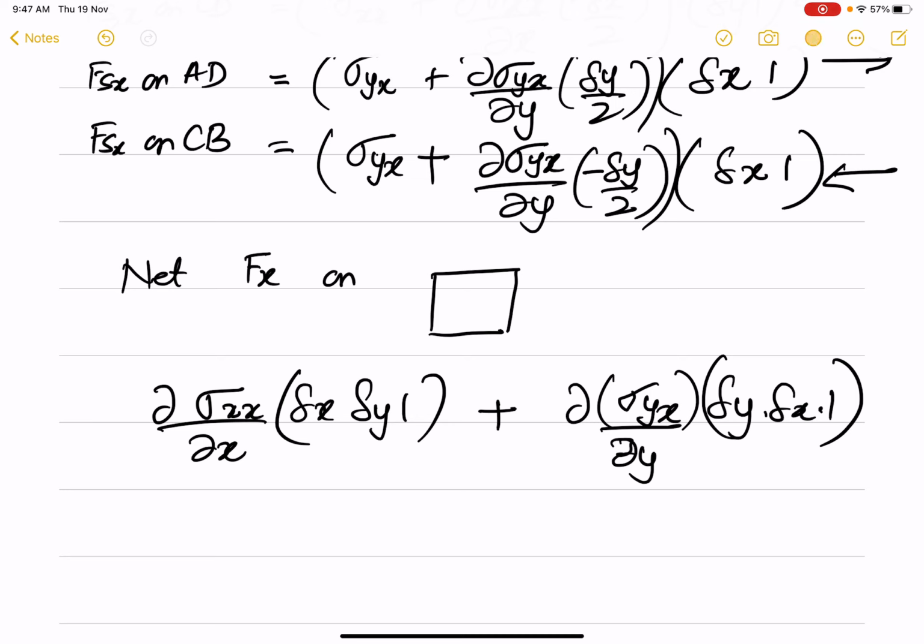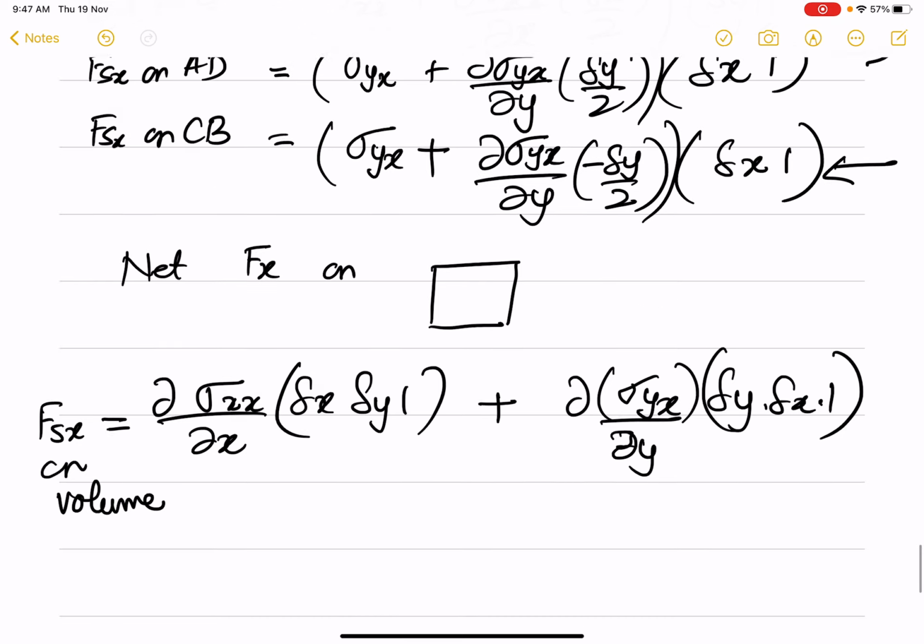So this is the net Fsx on the volume. The 1 which I have written is basically the dimension in the z direction. So this is the total surface force which we get on this face.